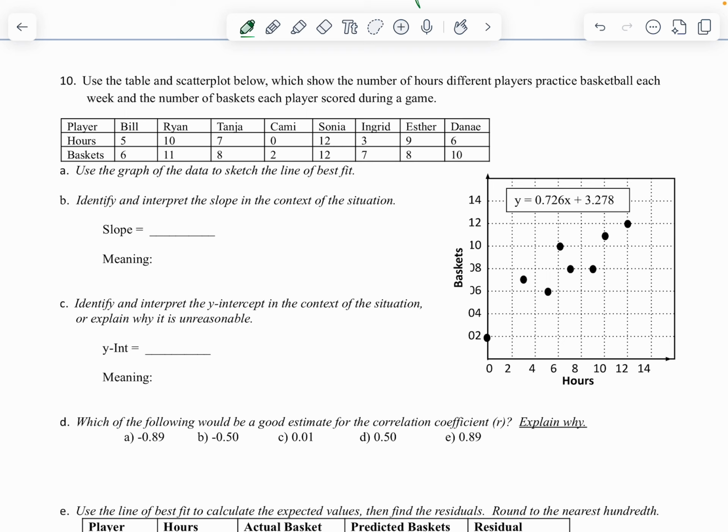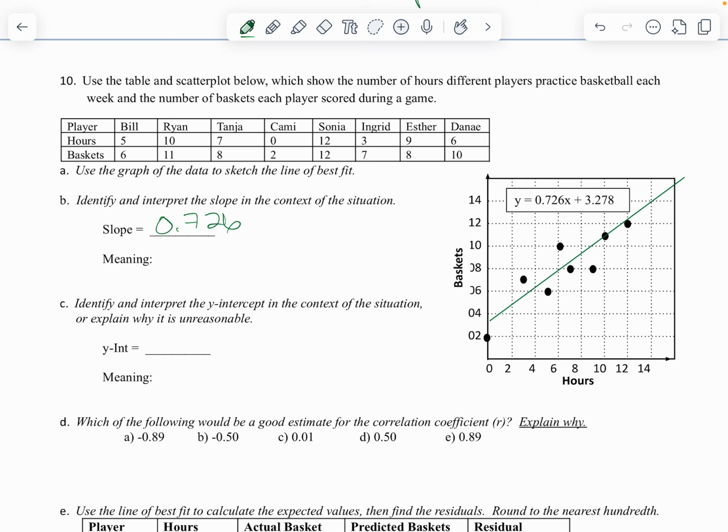Use the graph and the data to sketch the line of best fit. Okay, and then the slope is 0.726.